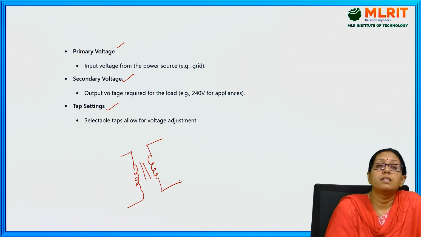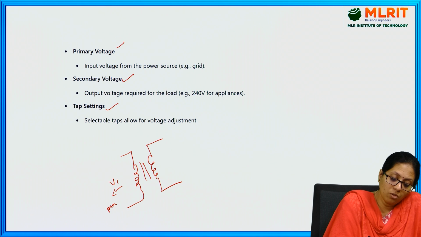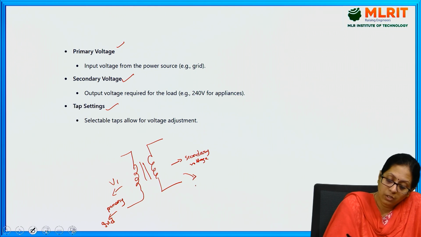As I said, this is the diagram of a transformer where this particular voltage is the primary voltage and this is the secondary voltage. This voltage is connected to the grid. This voltage is connected to the consumer or the load.